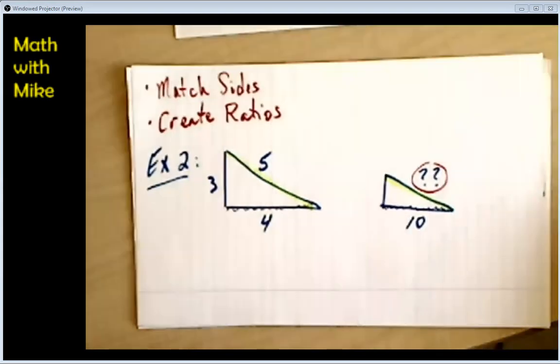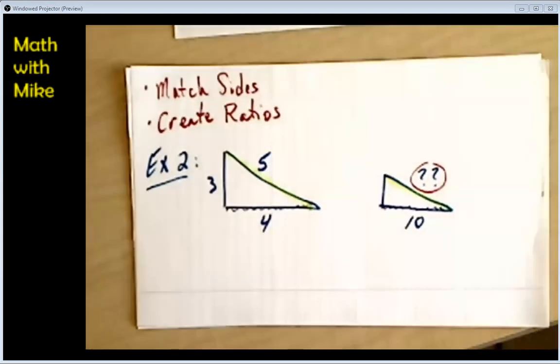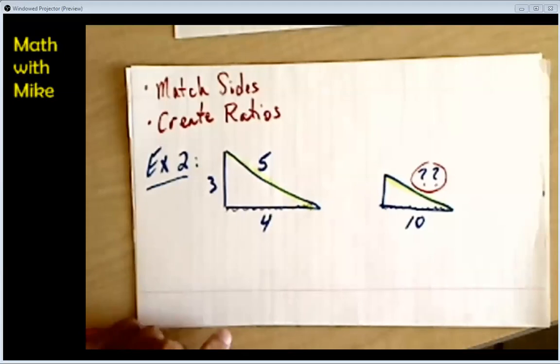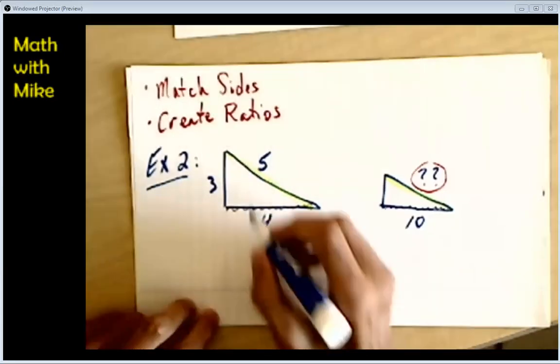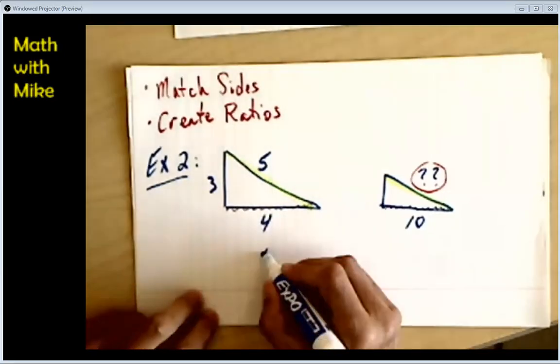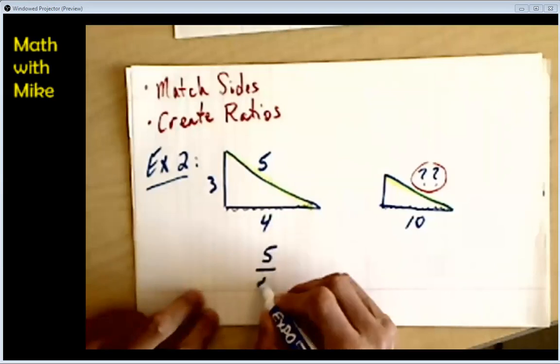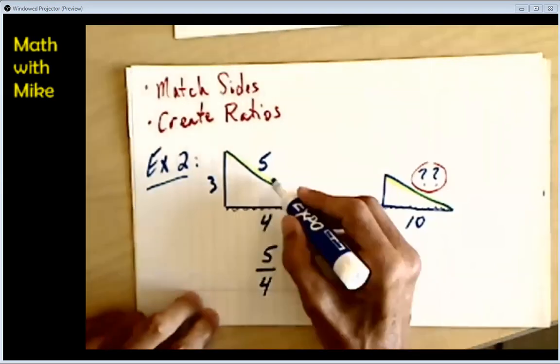So then, what is the equation going to look like? Five over 4. That looks good to me, taking that side with that side.